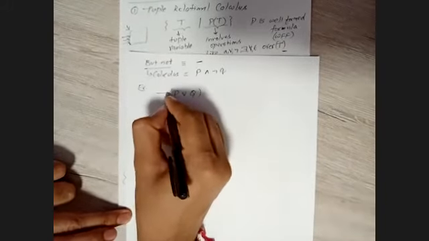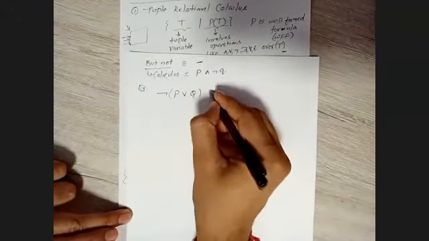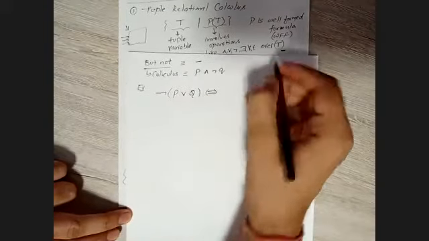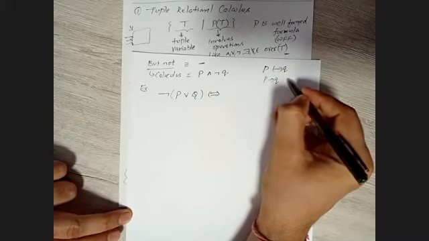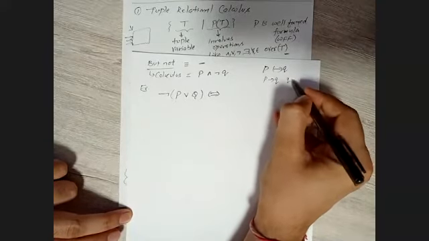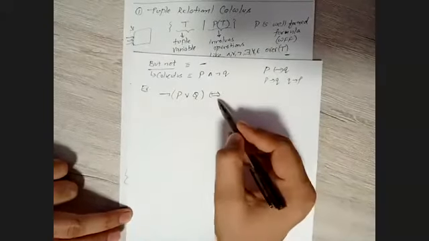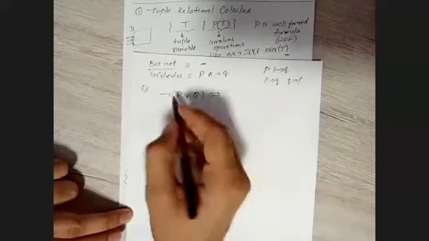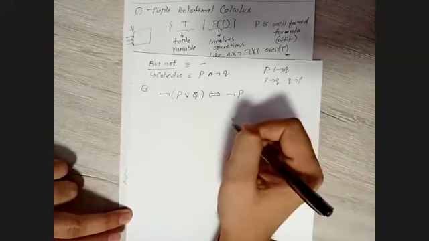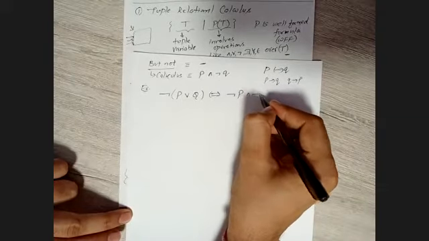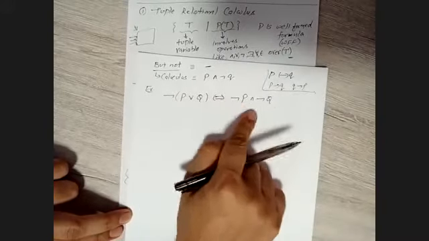If I negate P or Q, it is double implication. All of you know that P double implication Q means if P gives Q is true and Q gives P is also true, so we have implication in both directions. I can write this as negation P and negation Q. Both statements are equivalent.